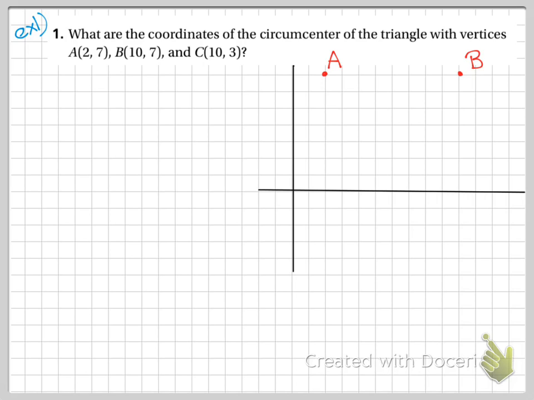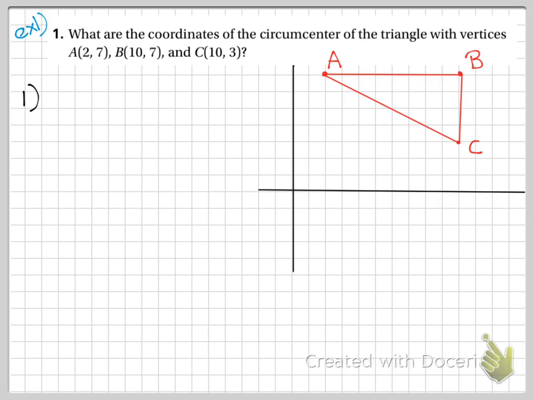And C is at (10, 3), so right here. Now I'm going to connect each side of that triangle. All right, so we've got triangle ABC. We want to locate the circumcenter of that triangle.